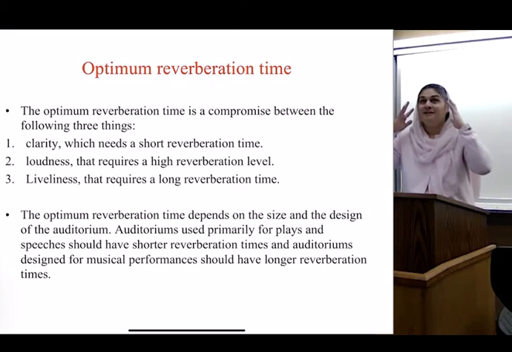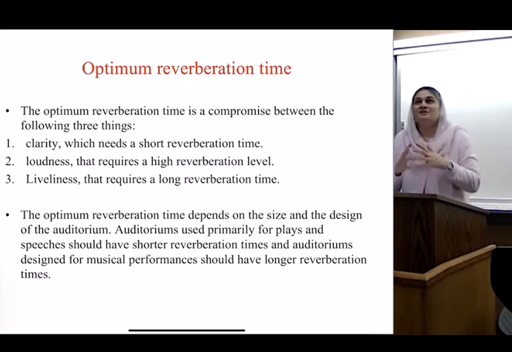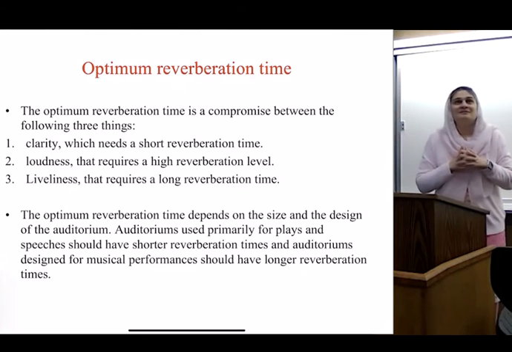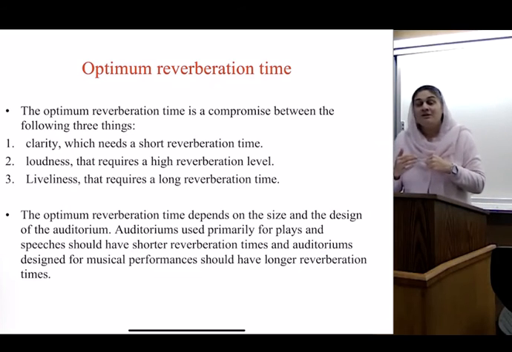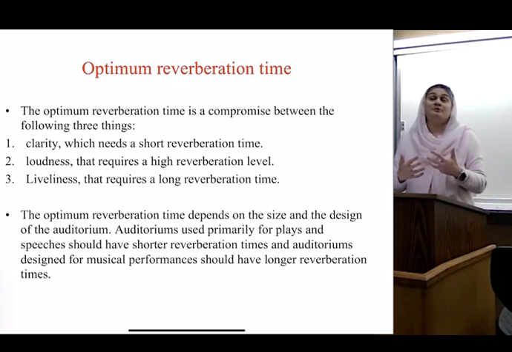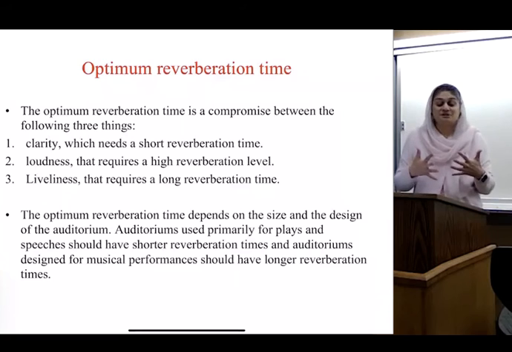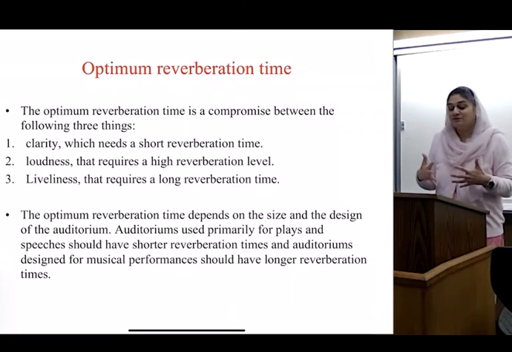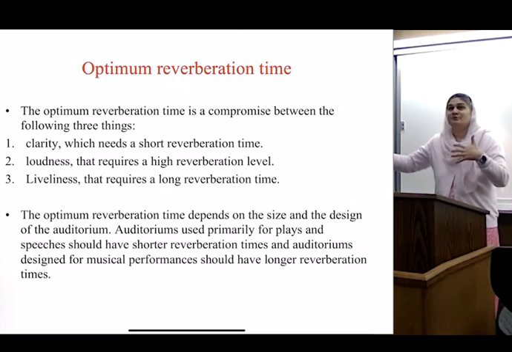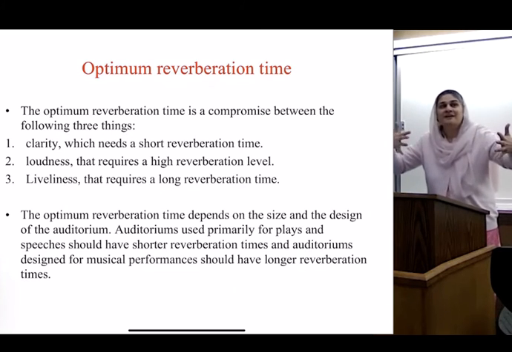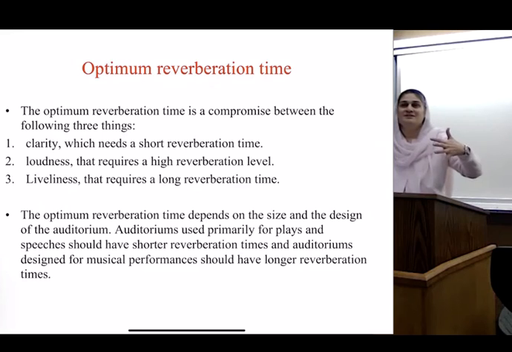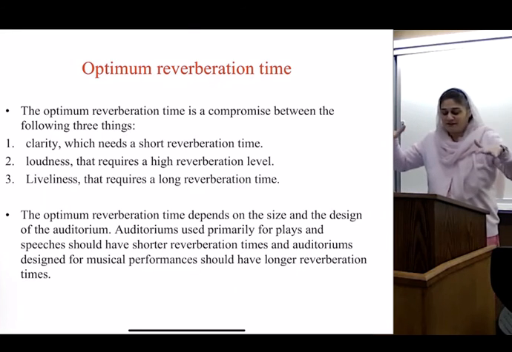It's going to be very disconcerting to hear a speech for more than a couple minutes with a lot of reverberation. On the other hand, you want a high reverberation level for loudness, whereas for liveliness, you would like a long reverberation time. So every room has to deal with all of those things. It's a compromise between all of these.